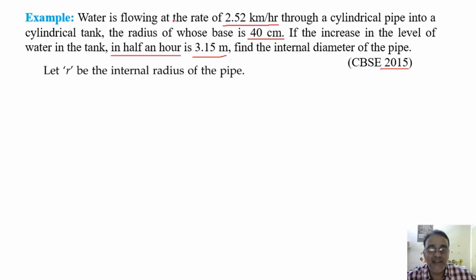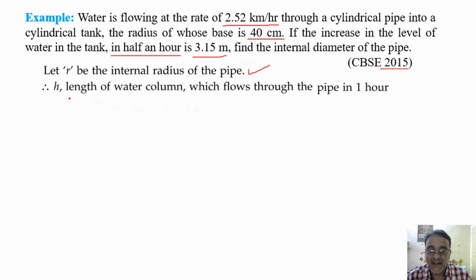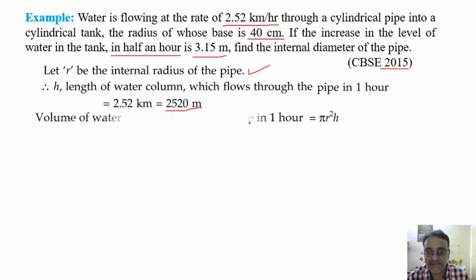So let r be the internal radius of the pipe, and the length of the water column which flows through the pipe in 1 hour is given as 2.52 kilometer, that is 2520 meter. The volume of water which flows through the pipe in 1 hour will be equal to pi r square h.